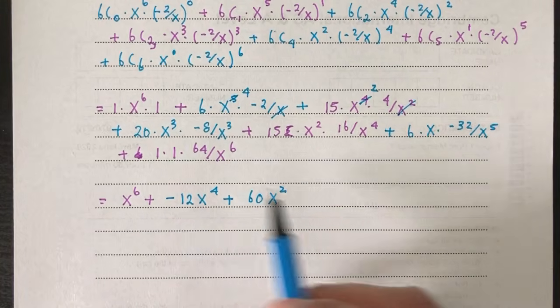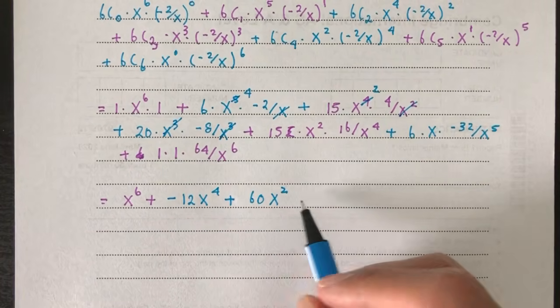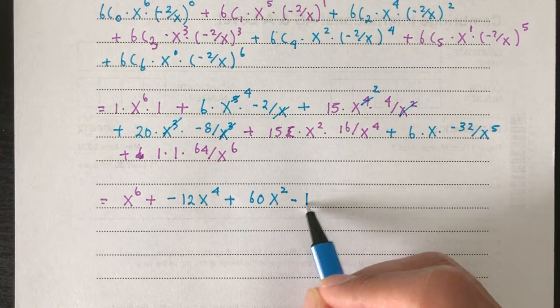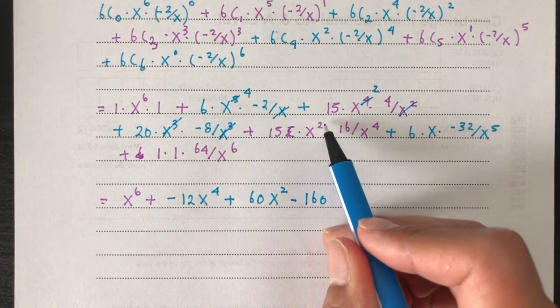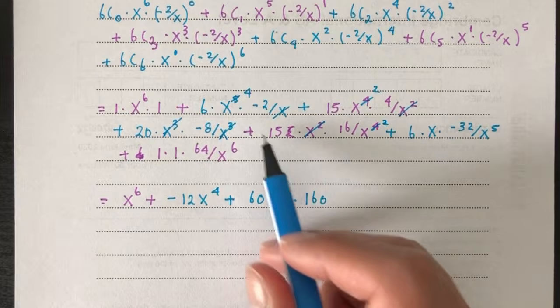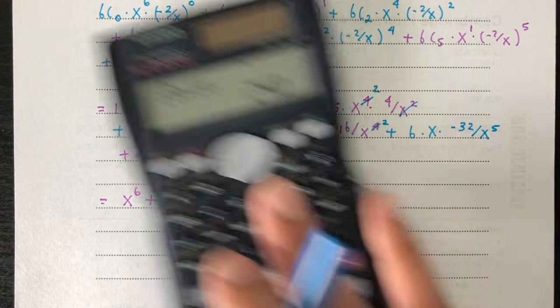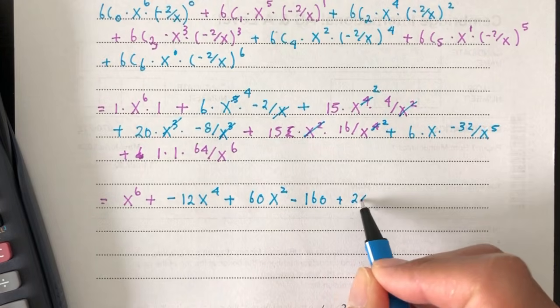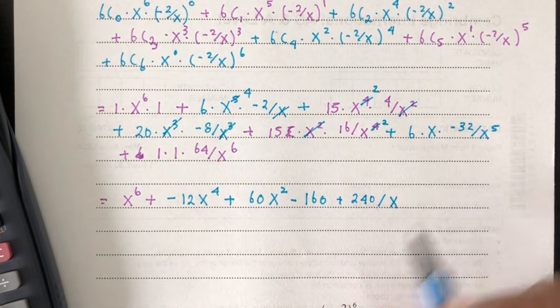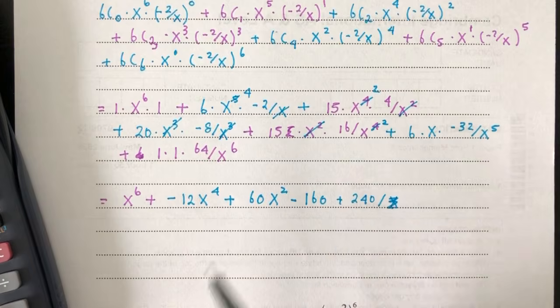And then expand this one as well. This one will go away, minus 160. So what is 15 times 16? That will be plus 240 over x squared, because x cancels out and we have 2 remaining.